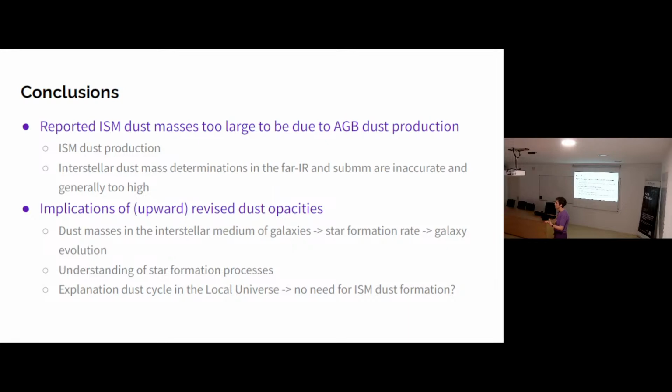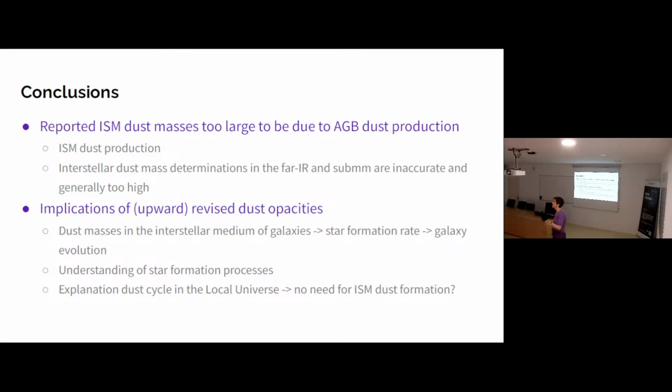People say different things, so it depends on who you talk to. But I think we have trouble establishing what is really the efficiency of dust production in supernovae. But supernovae must form dust, because they are found in pre-solar grains in meteorites.